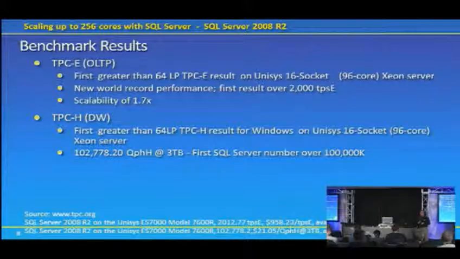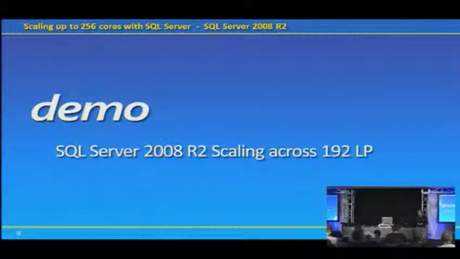But these reports are out there in a whole lot of detail, and I've got some links to them that are easy for you guys to see. But at the end of the day, we're scaling very well, actually up to 192. The numbers that we published are at 128, but we're getting above 70 to 80% scale, including I/O, including a full executing system environment, up to 192.